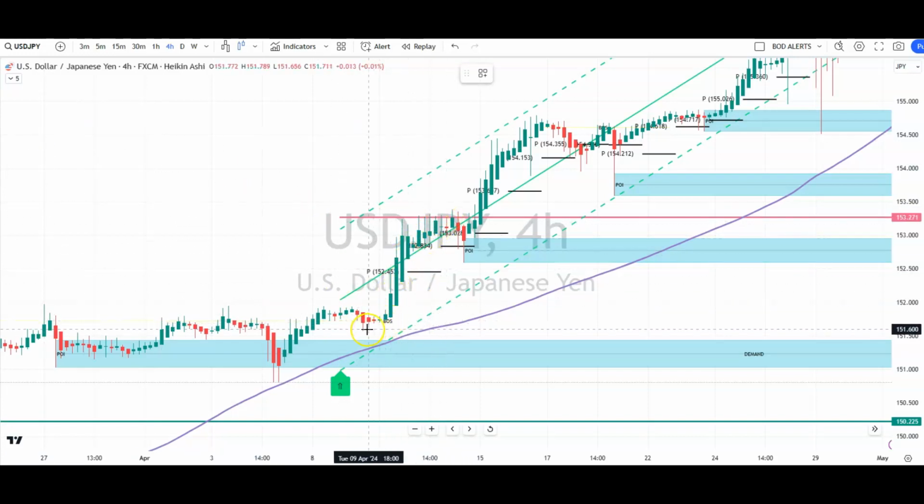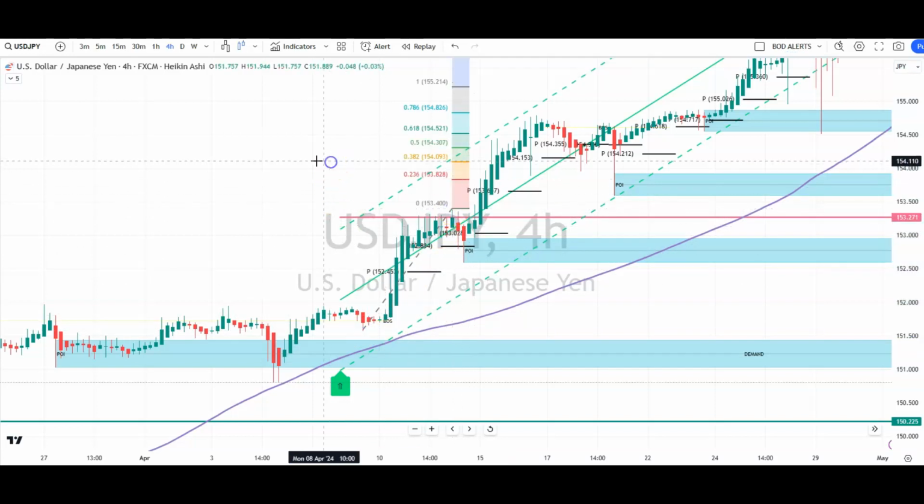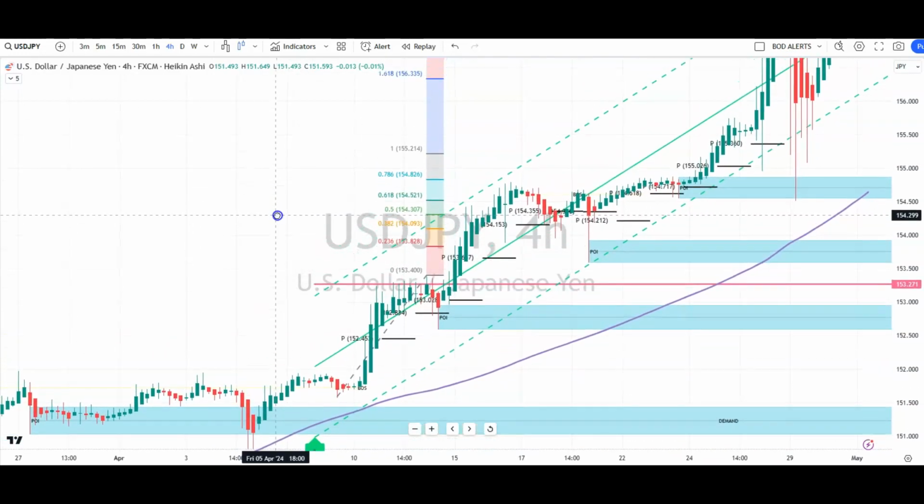You could take it down to here, which is reasonable, and then take it to the top of the highest wick, which is here. Drag it across a little bit, and it will give you the target to go by.